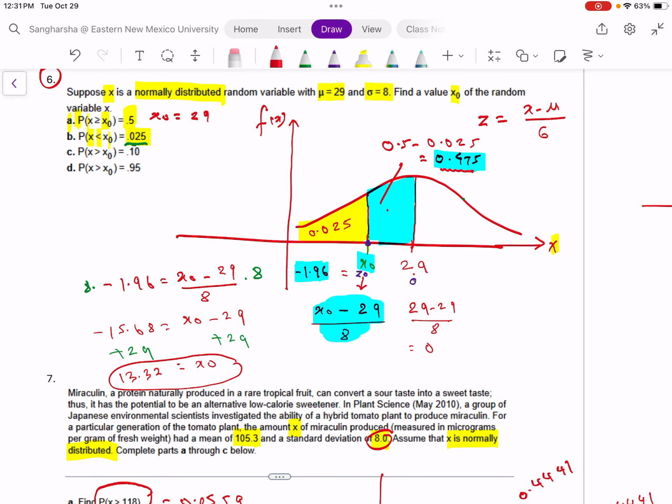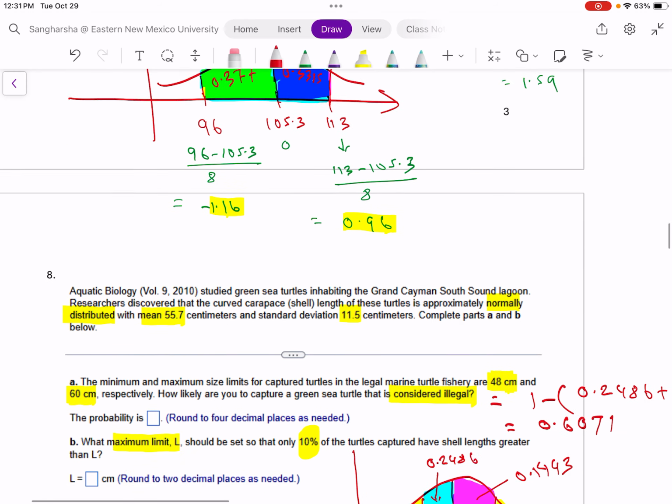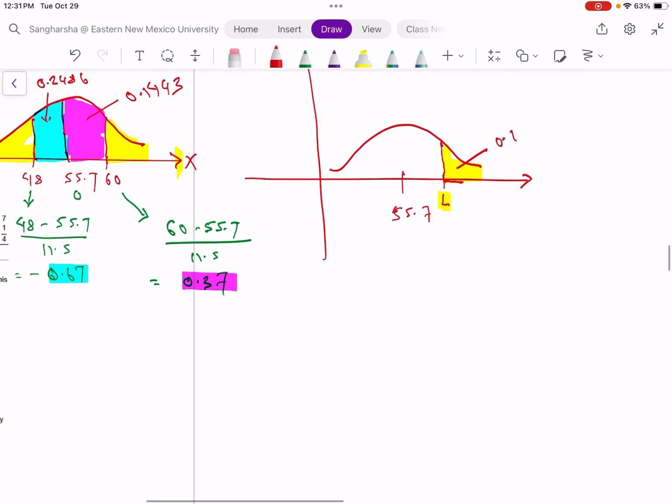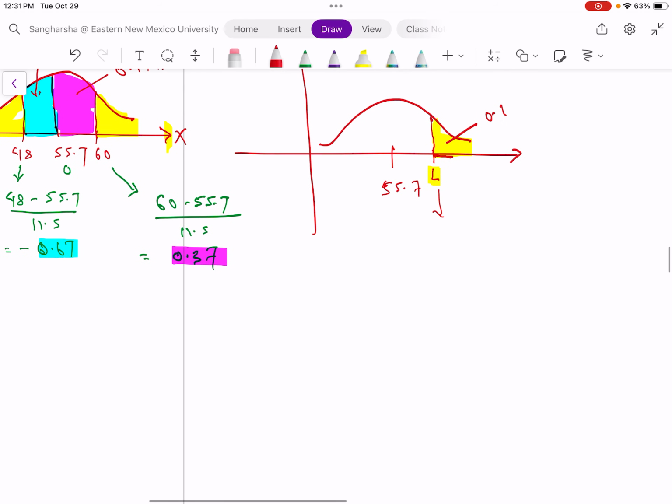Okay, mean is given. So what you do here is convert this L into a G value, which is L minus 55.7 divided by standard deviation 11.5.